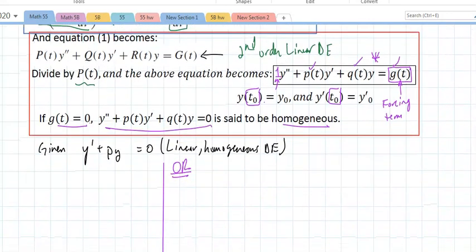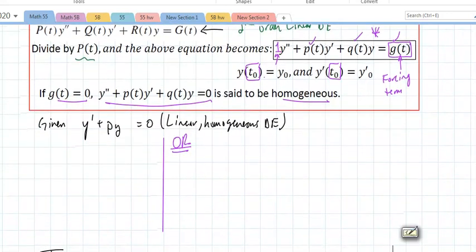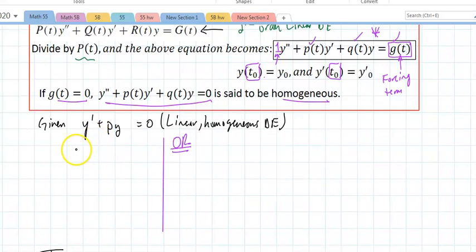Now, this is what was discovered. I want to solve this equation. And somebody said, well, hey, that's a separable equation, and of course they are right.